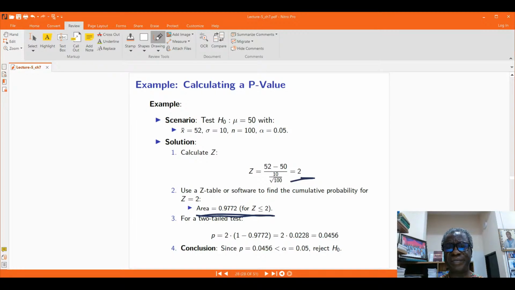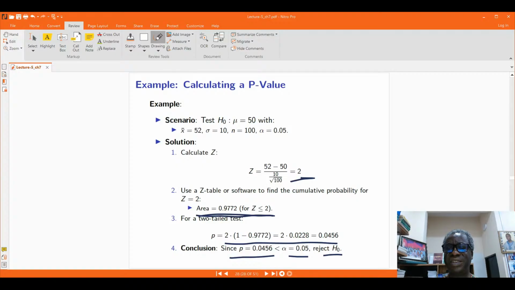Because it's two-tailed, this is the value for the p-value, which is 0.0456. And since the p-value is smaller than the alpha value, we reject the null hypothesis. Rejecting the null hypothesis simply says that the population mean is not equal to 50.